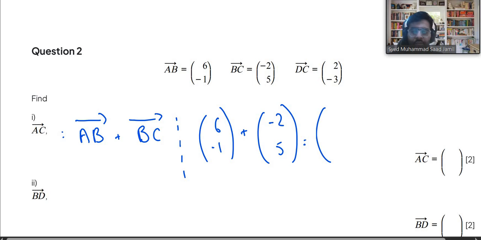Alright, 6 plus negative 2 is 4. Negative 1 plus 5 is also 4. So this means AC is going to be 4, 4.